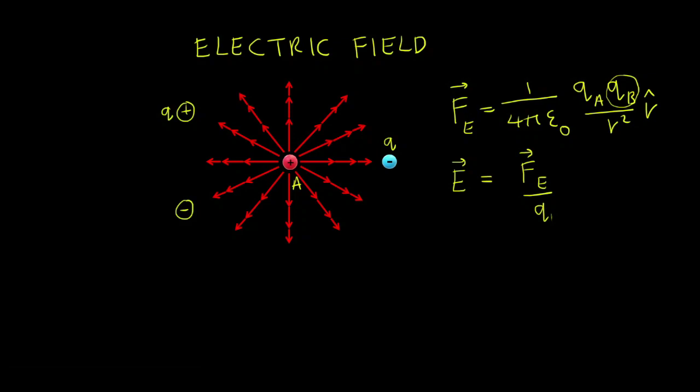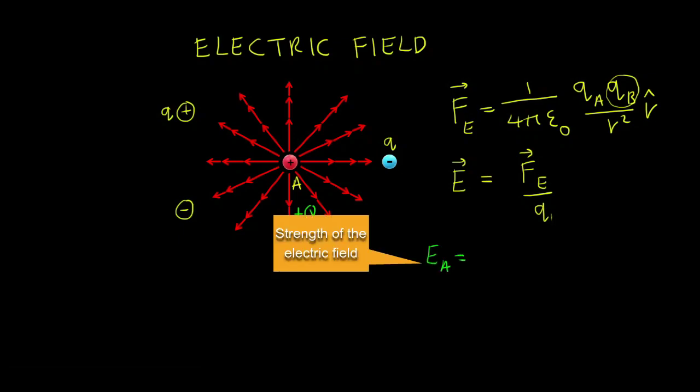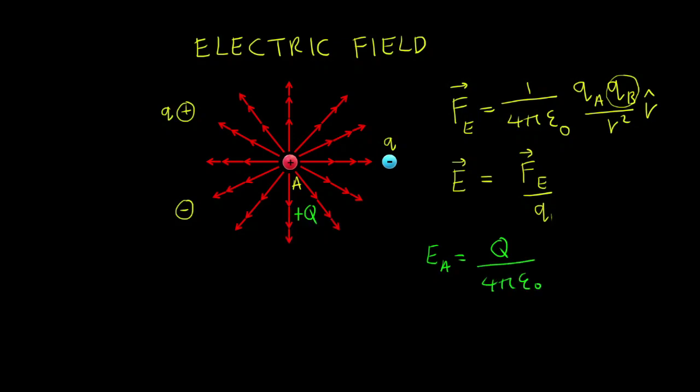Now suppose that charge A is plus Q, then the electric field of charge A can be written as Q on 4 pi epsilon naught by 1 over r squared.